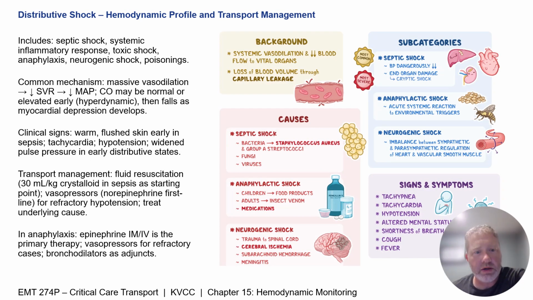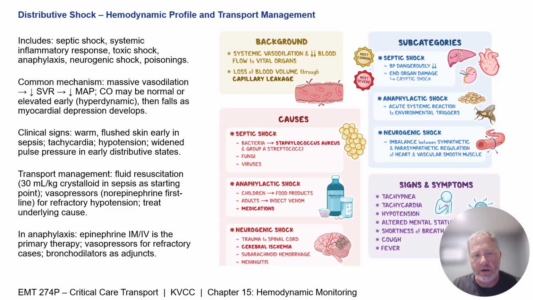Distributive shock. So distributive shock is defined by a profound vasodilation and a maldistribution of blood flow. So early septic shock may have a normal or even high cardiac output, but the vascular container is so dilated that the perfusion pressure remains inadequate. Skin may be initially warm or flushed rather than cool.